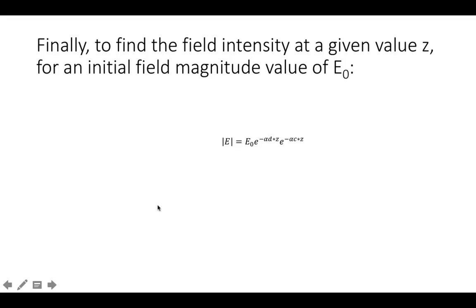So if, for example, you wanted to find the value of the field intensity at some location z, I've got an absolute value shown here because, yes, I know that E is sinusoidal in both space and time. It's a traveling wave in the waveguide, but we're just interested in finding the maximum field intensity and how that decays as a function of z.